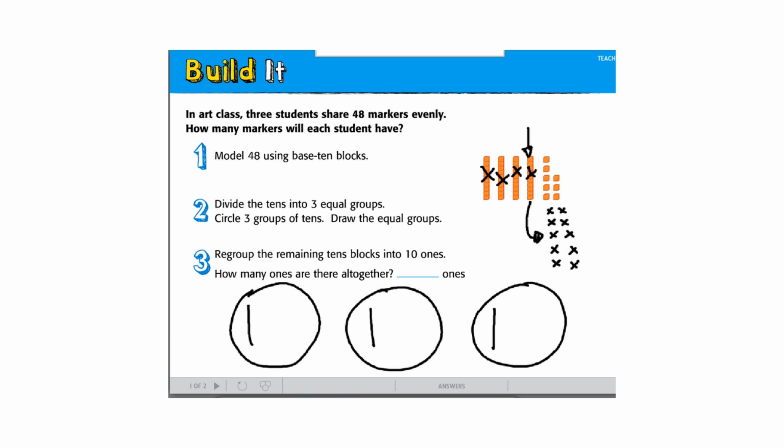We're trying to make them even. So I can't take a long and put it into this circle because if I did, these 2 are going to be jealous because they don't have one too. So now I took that long and I broke it up into 10. Plus I have these ones right here. So I have 1, 2, 3, 4, 5, 6, 7, 8. So now I have 18 total ones that now I can go through and start separating into those 3 circles.